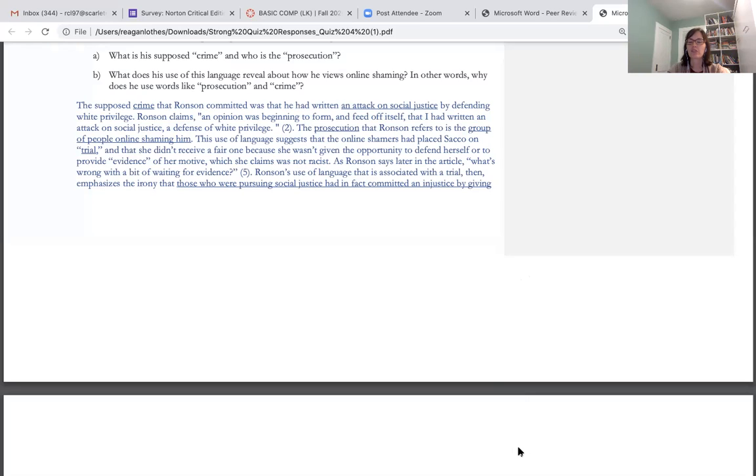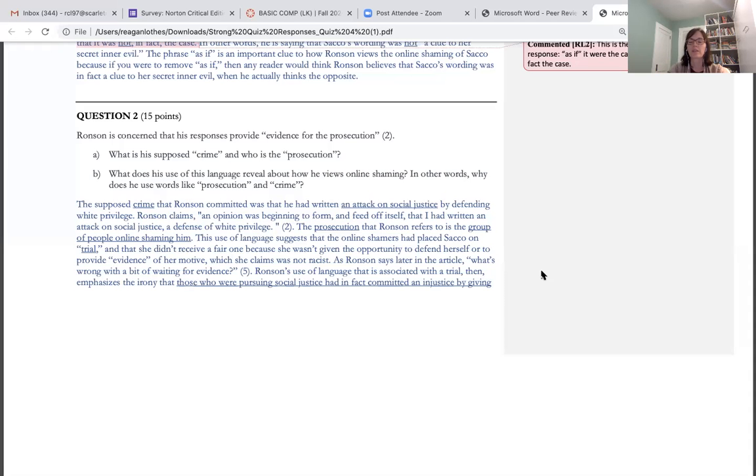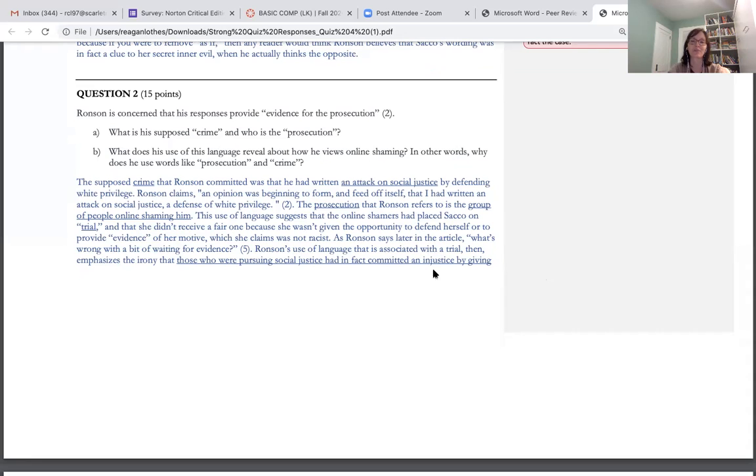Okay, so with that trial, he suggests that it was unfair. So why did he consider Justine Sacco's trial to be unfair? Right, so Ronson considers her trial to have been unfair because she wasn't allowed to defend herself. And the prosecution, those who were online shaming her in the pursuit of social justice, didn't wait for evidence. They didn't examine evidence before they launched into their judgment and their punishment.